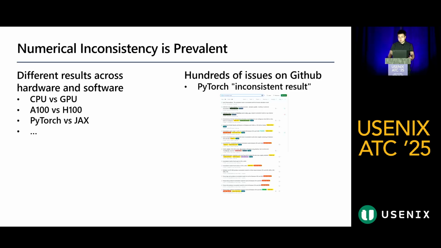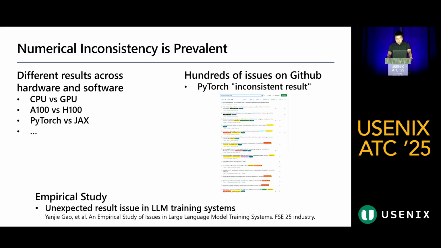In our investigation, searching for inconsistent results in PyTorch issues on GitHub reveals a large number of related reports, because we could see more than 100 results. Additionally, our prior empirical study also observed a noticeable amount of output inconsistency issues over LLM training systems.